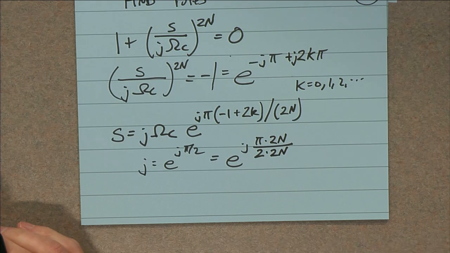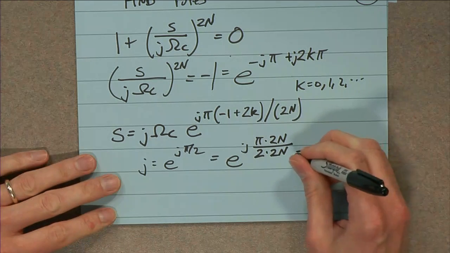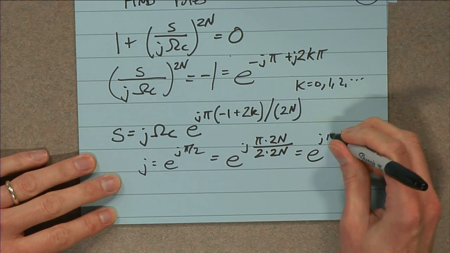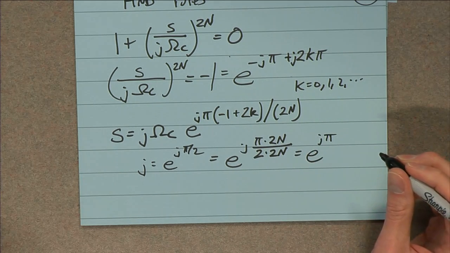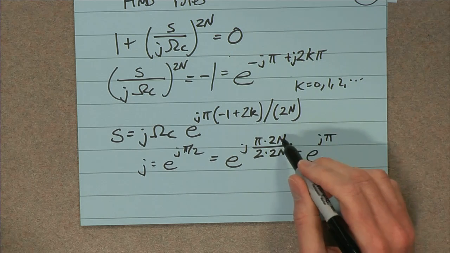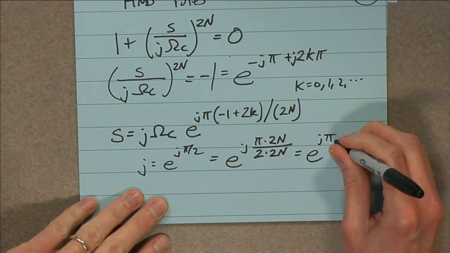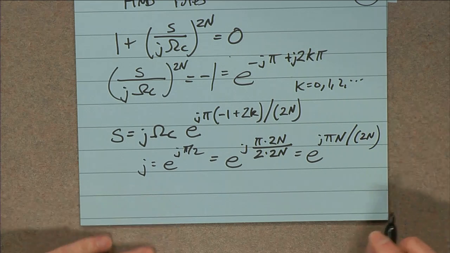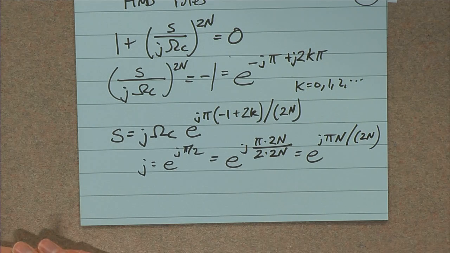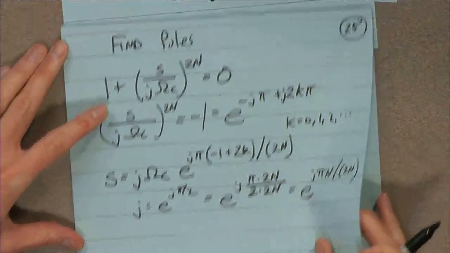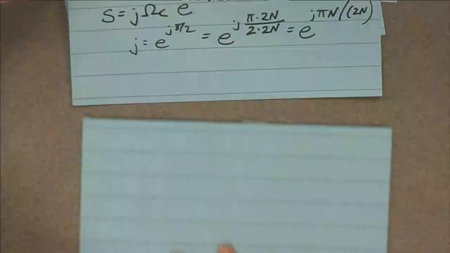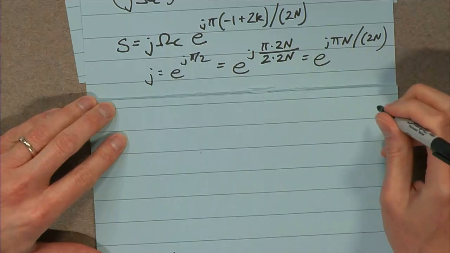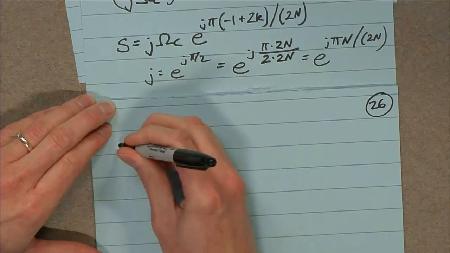And so if I want to have a 2n on the bottom, that's what? e to the j pi, 2's cancel, so that's n divided by 2n. So now we have a form by substituting in this j of what the poles look like.